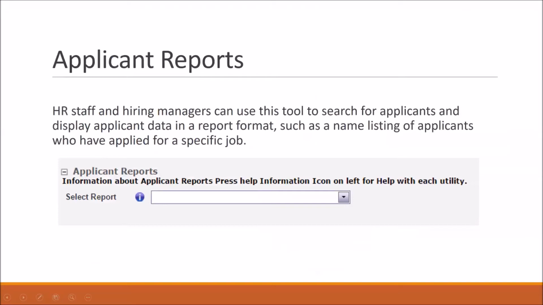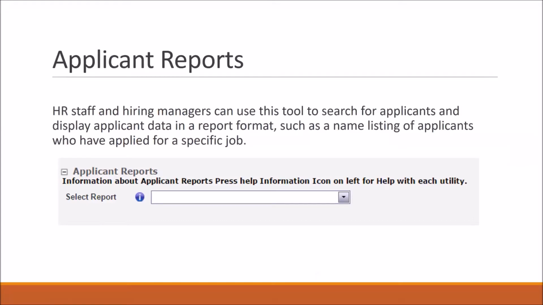Applicant reports is its own menu item underneath the management menu. This menu, we typically do give access to anybody who has one of those supervisor roles, our hiring managers. So anybody with a supervisor 1, 2, 3, 4, 5, 6, 7, 8, or 9, we typically give access to the reports menu because it helps them in the screening process.